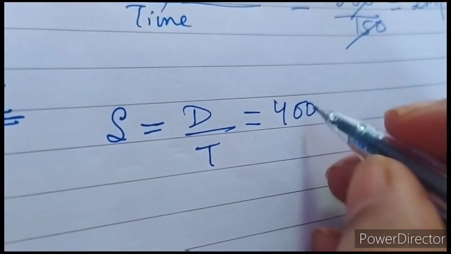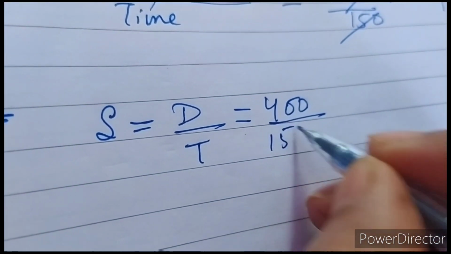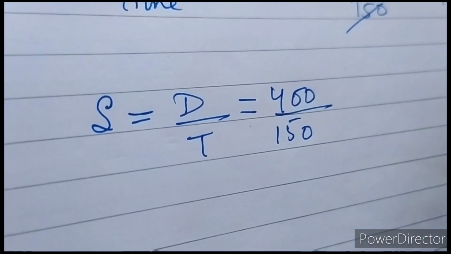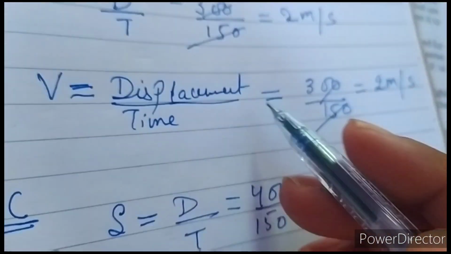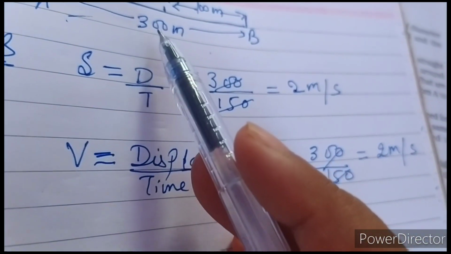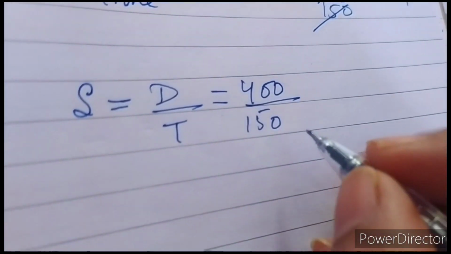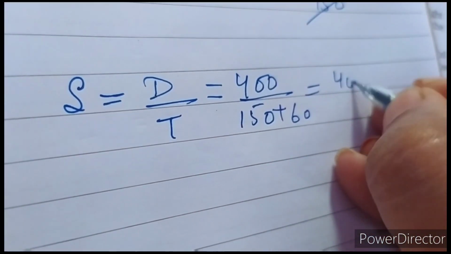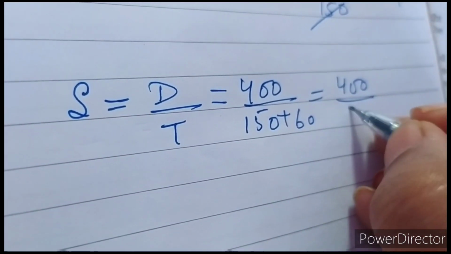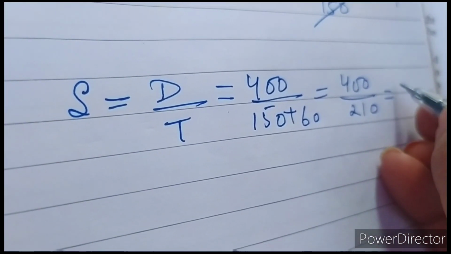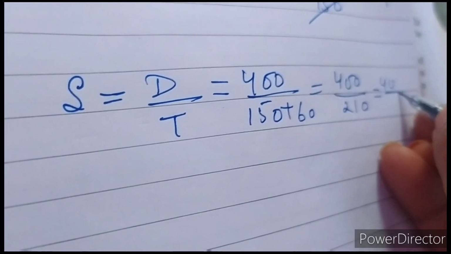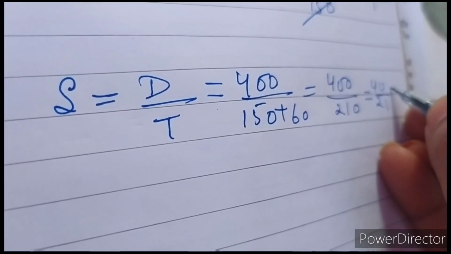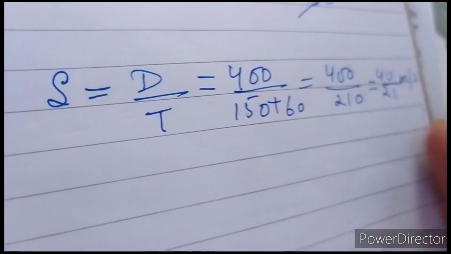So 400 divided by 150 seconds already taken, and another it has returned in 1 minute from B to C. So 1 minute is equal to 60 seconds. So 150 plus 60, that is 400 divided by 210, that will be equal to 40 divided by 21 meter per second.